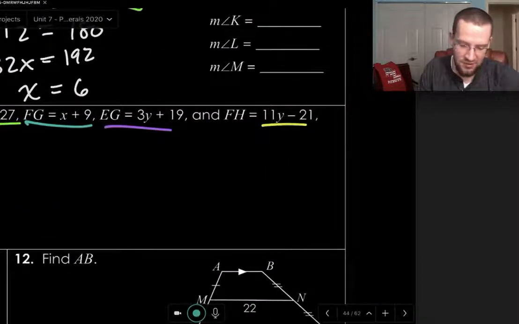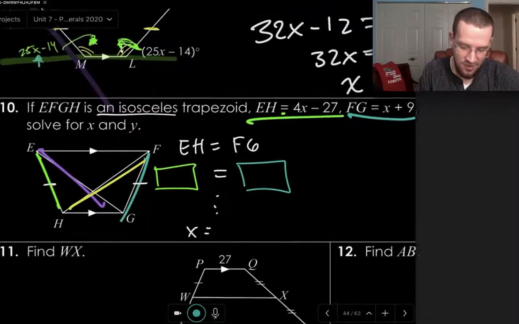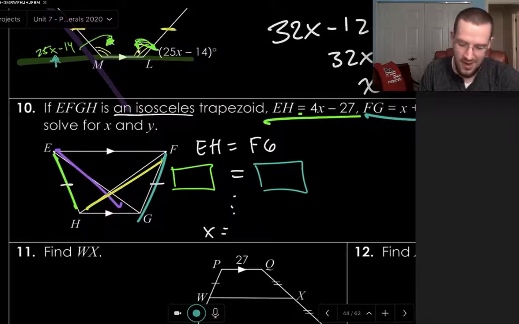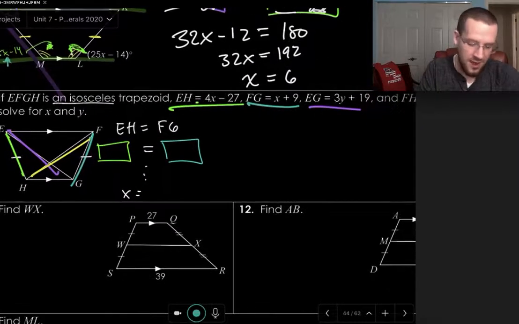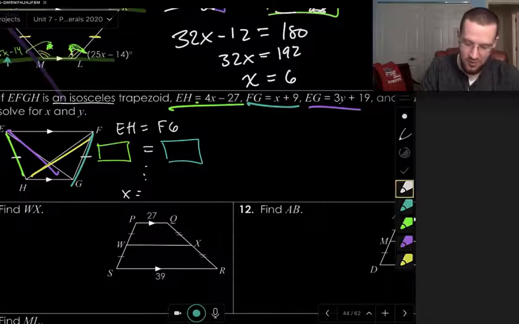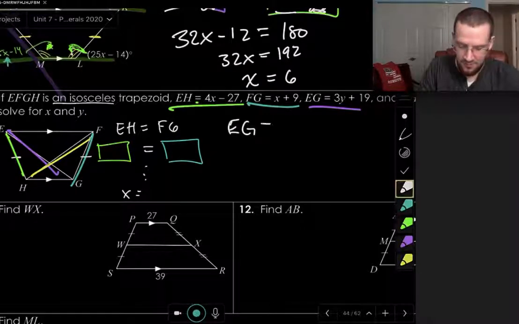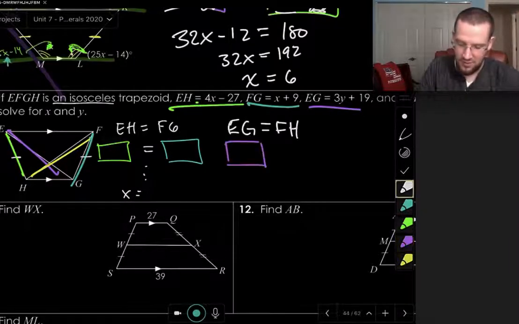Now let's look at EG and FH. Those are the diagonals. What do we know about the diagonals? We also know that the diagonals are the same. And so we can set up EG, whatever that is, equal to FH, whatever that is.